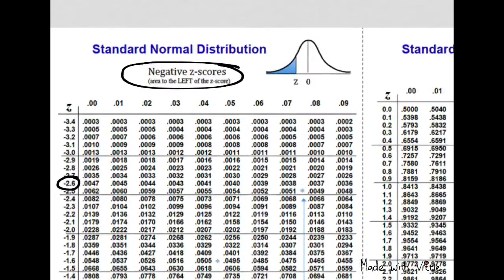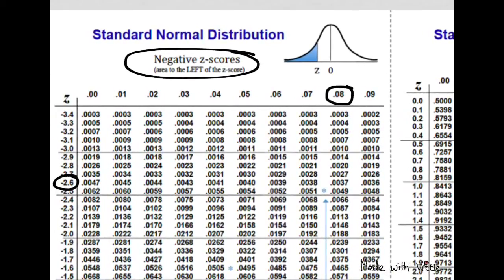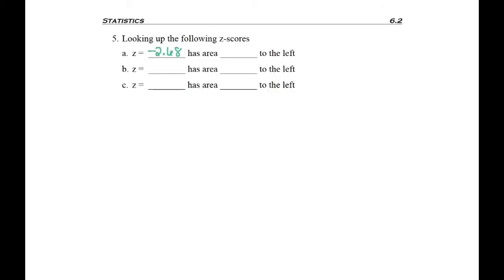For the last digit of an 8, I come up to the 8, and now I try to figure out where these two meet. As I'm reading across and down, it looks like 0.0037 is my answer. So we found that the area was 0.0037.